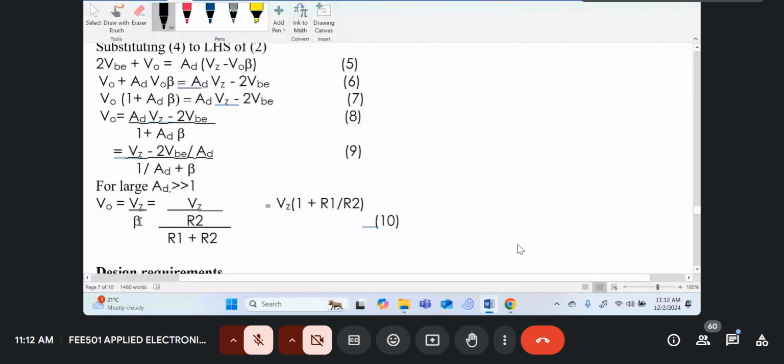This beta is the fractional gain, the fraction of the output voltage that is fed to the input of the op-amp. So that's how we get this other term of 10. And if you simplify this, it will simply be VZ into brackets 1 plus R1 divided by R2.